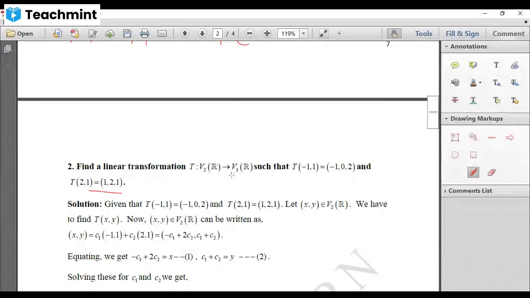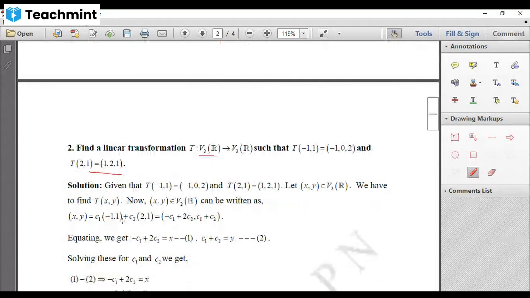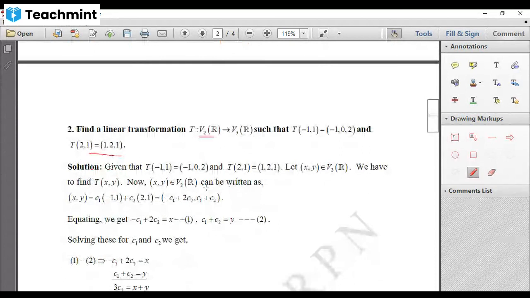So anyhow, we have to consider an element of the domain. Let us say the ordered pair X, Y, and we have to find the image of that, T of XY, using these conditions. As usual, how many vectors are given here? 2 vectors.